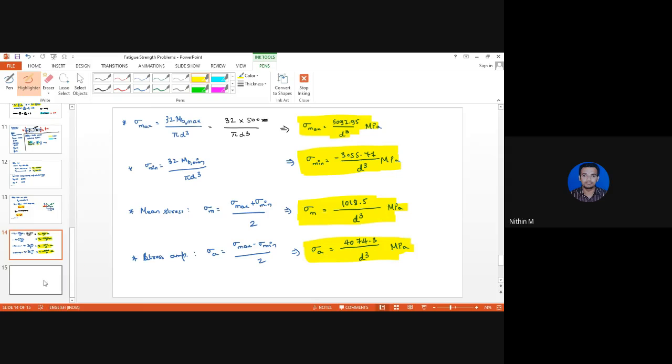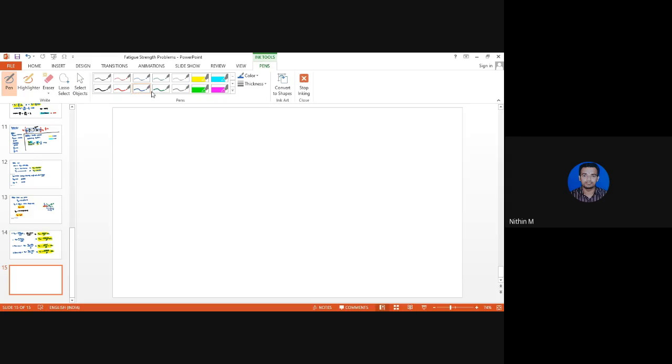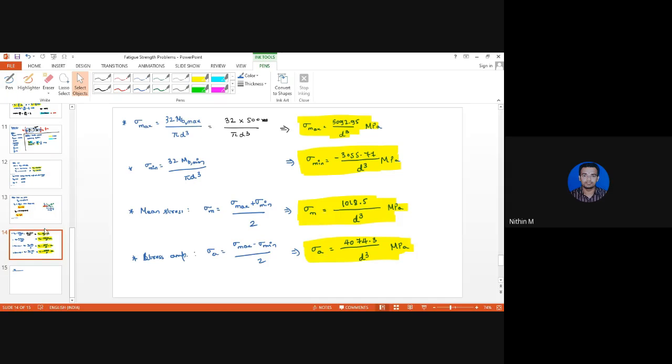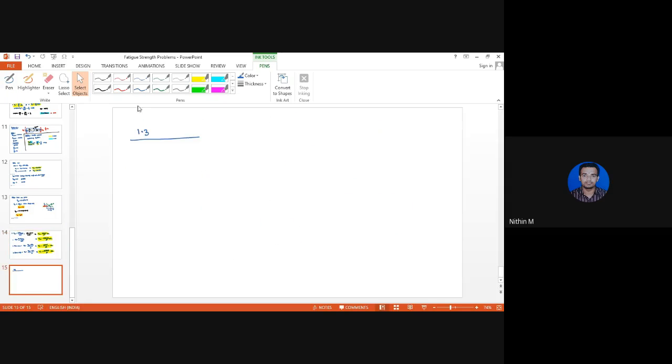So after doing it, what is the next step? We need to substitute all the values in equation star. So equation star is Kf sigma, which we got as 1.3, into sigma a. What is sigma a? 4074.3 divided by d cube.